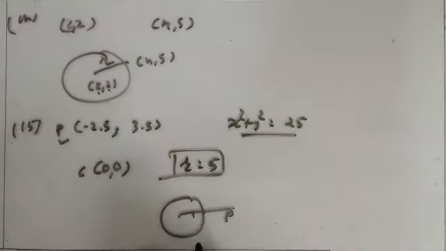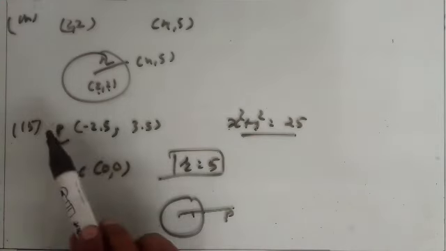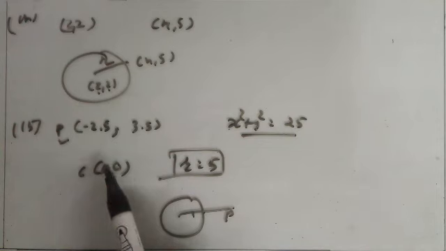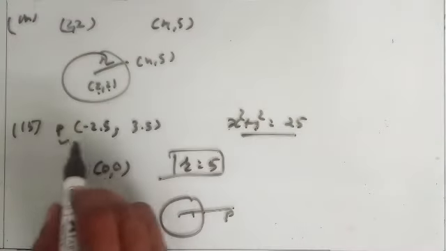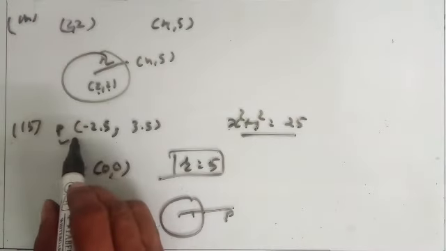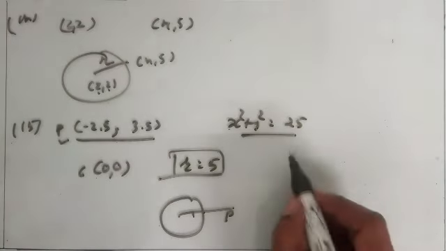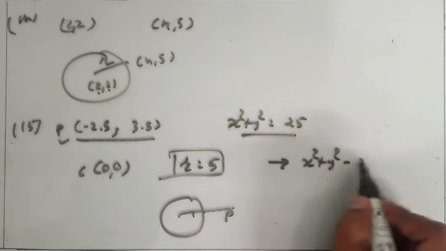That means we get the distance between the point and the center of the circle and compare it with the radius. Now second method, take the coordinates of the given point in the expression x square plus y square minus 25.